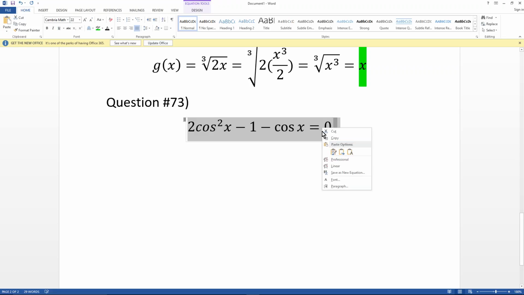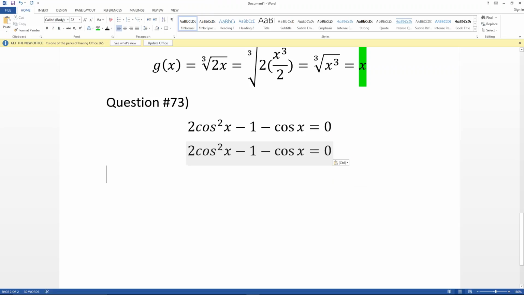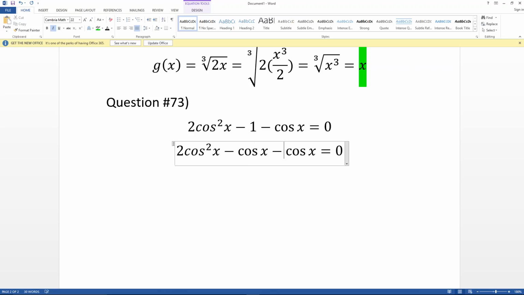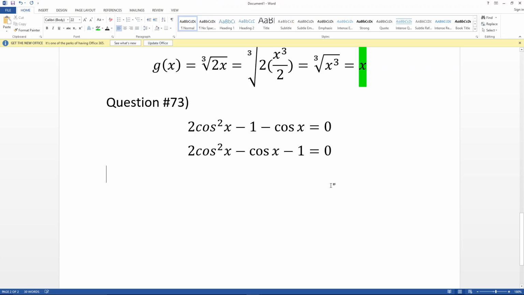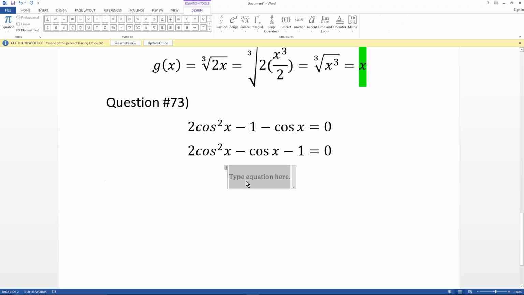Okay, I'm going to rearrange this and say this. Do you agree? Now, what did you do? I just swapped these two right here. Now, doesn't that look a lot like something like this?